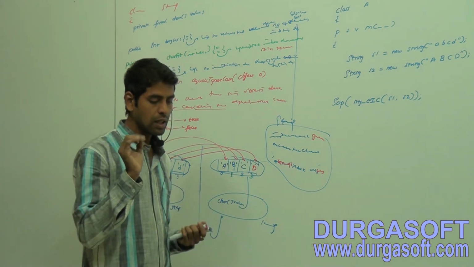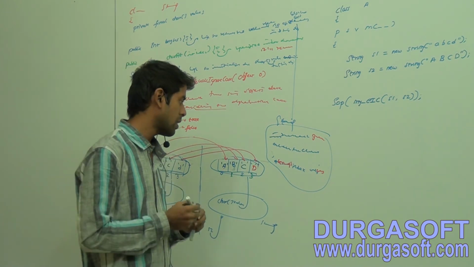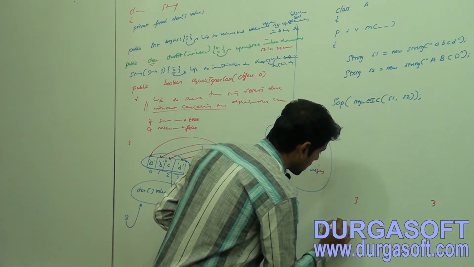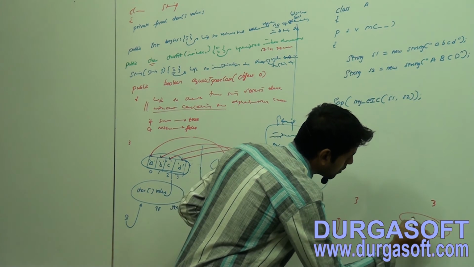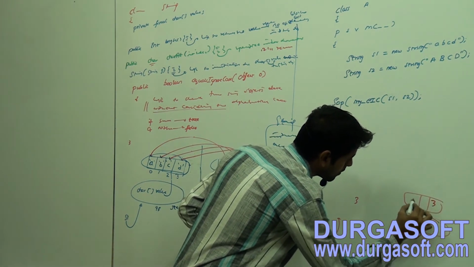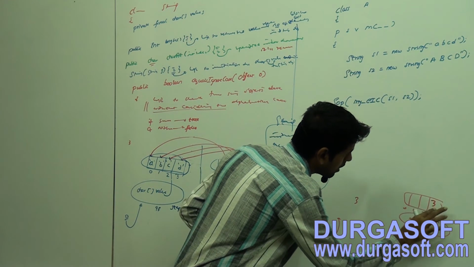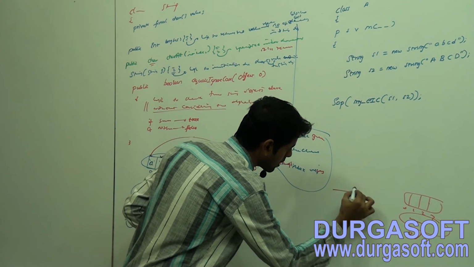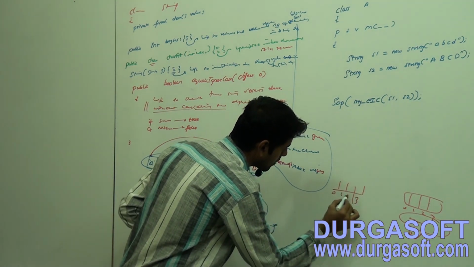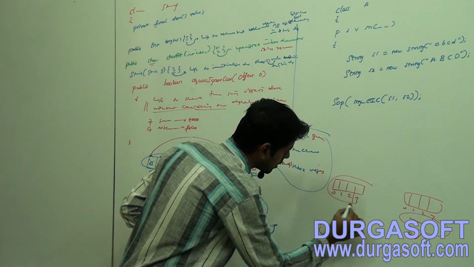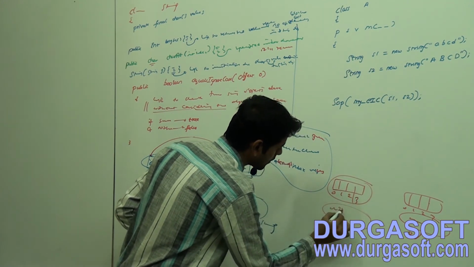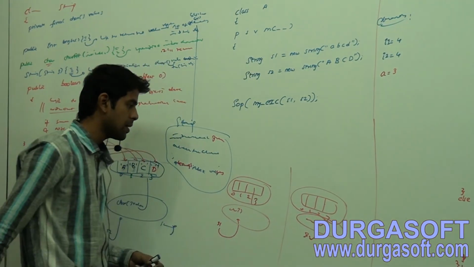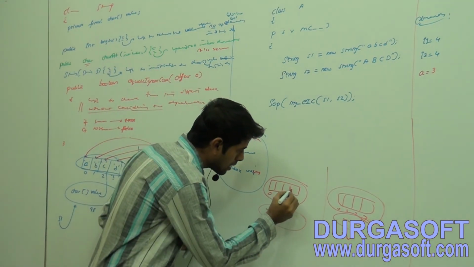We are having three scenarios here. At the third index of the S2 string and the third index of the S1 string object, we are having here small d.